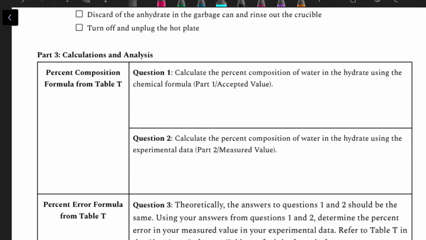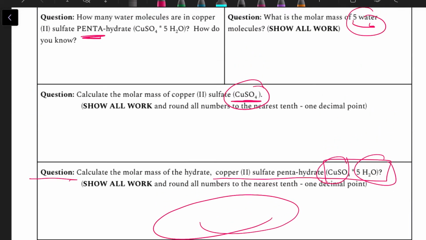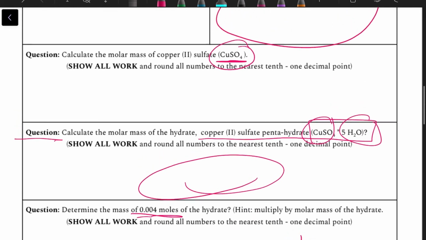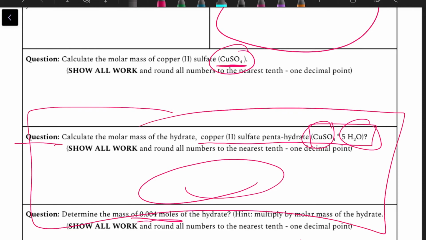Part 3, we're going to compare what we did mathematically compared to what we did experimentally. And so for part 1, we're going to calculate the percent composition of water using the chemical formula. So what that entails is calculating the percent water. So this is our part, and this is our whole.